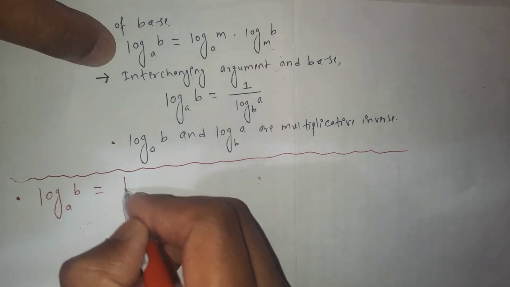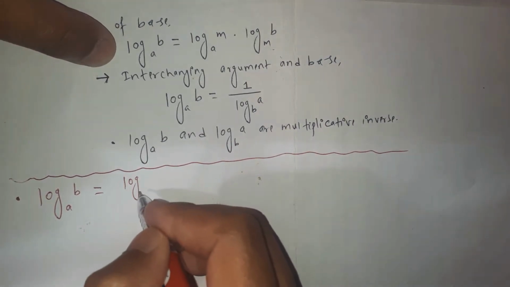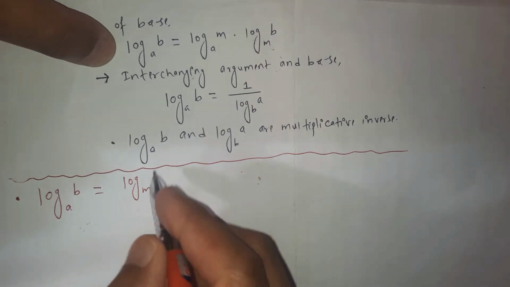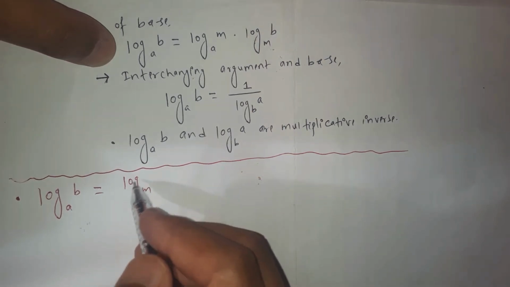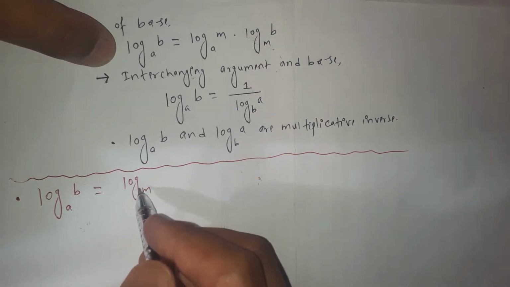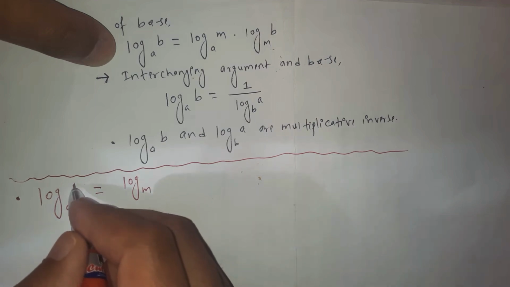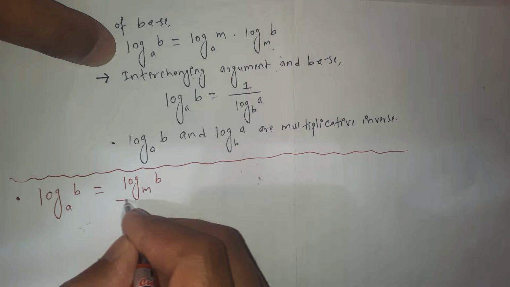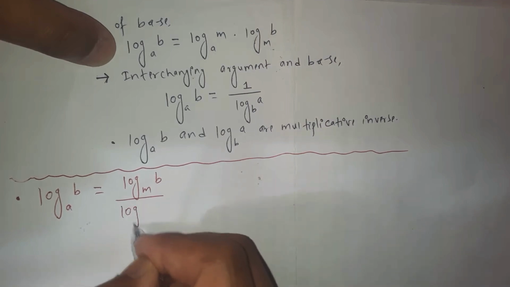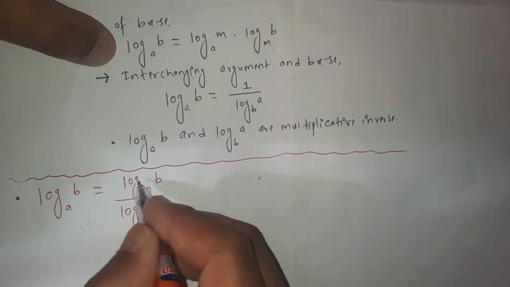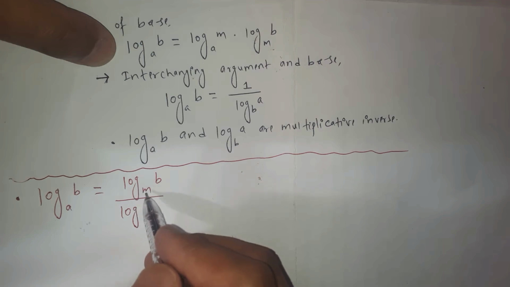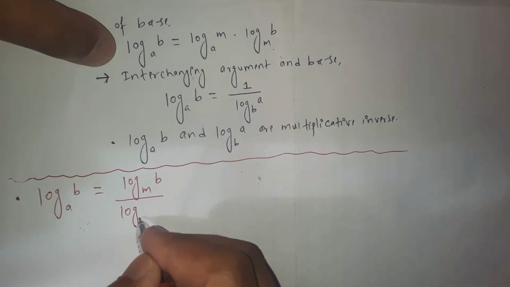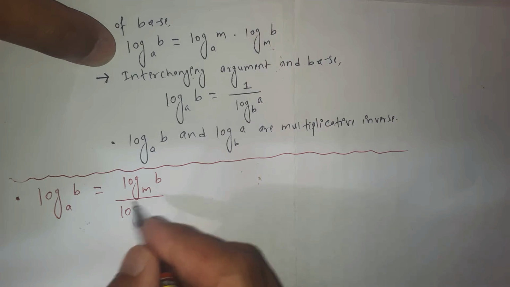Let's take a log of base m. Here I have taken the log with base m of the argument b, over log of the same base. Here we have taken the log with base m, so we have to take here the log with the same base of the base.